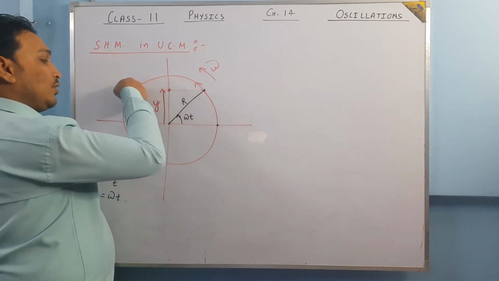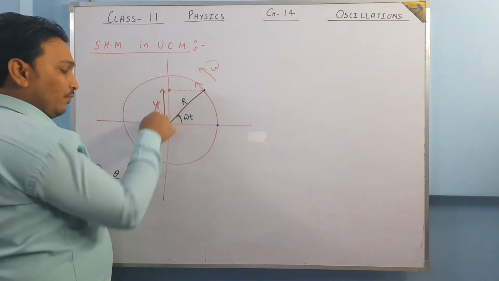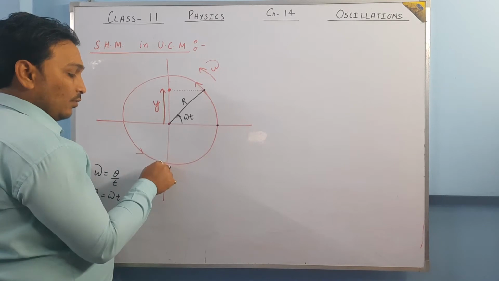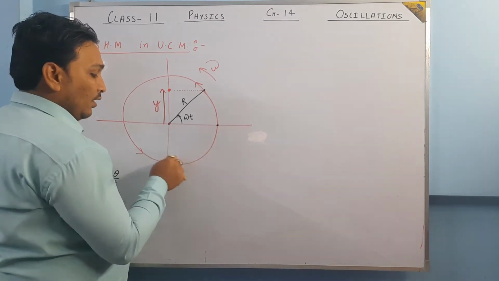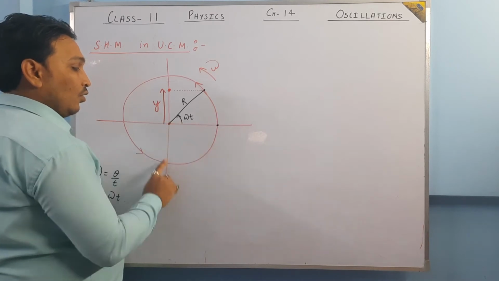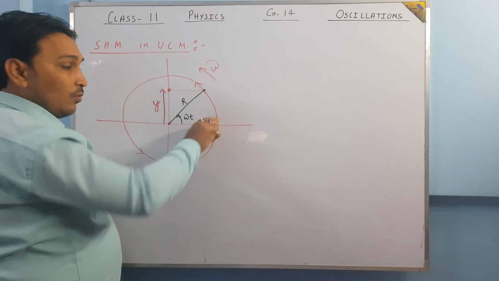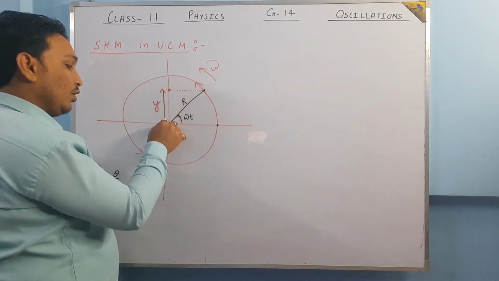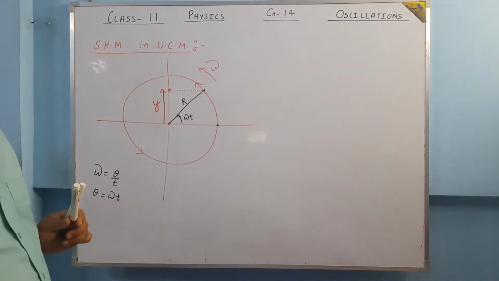When the particle comes down, its projection on the y-axis also comes down. When the particle goes this side, its projection comes down to this point, and then when the particle goes this side again, the projection goes upward. So as the particle is moving on this circle, the projection goes upward, then comes to the mean position at the origin, then goes downward, then again comes to the mean position.